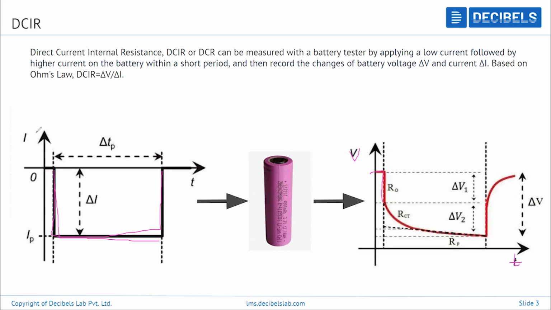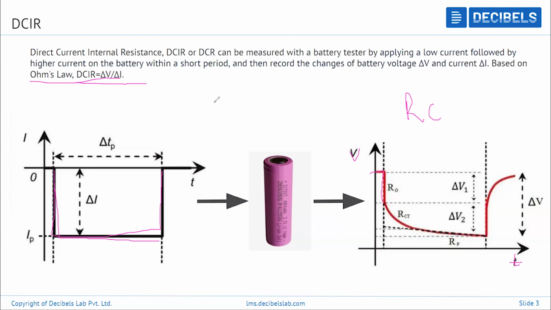From these, with the help of Ohm's law, we can extract the RC parameters. Eventually those are nothing but your R0, R1, R3, and capacitance data. With that, you can model the cell using the equation.